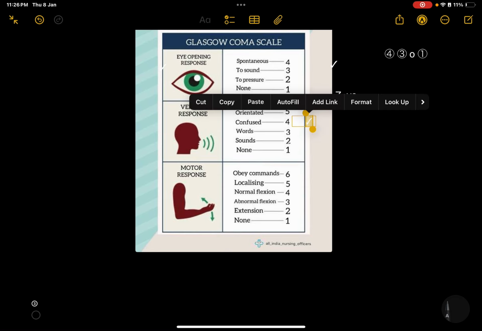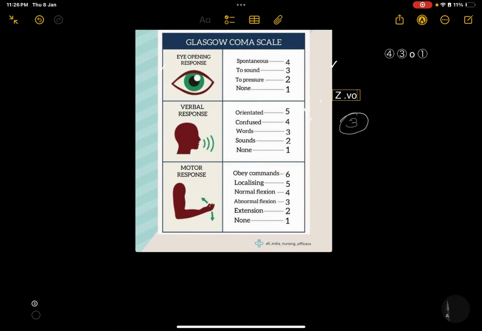If the patient answers only in words, you can give 3 score. If you ask any question and the patient only gives apprehensive sounds and nothing more, you can give 2 score. And if there is no response, you can give 1 score as verbal response.